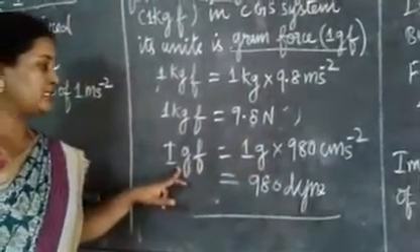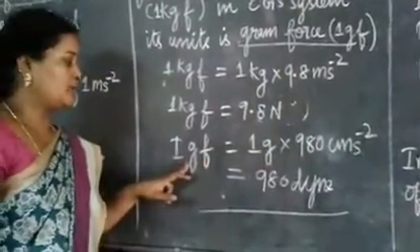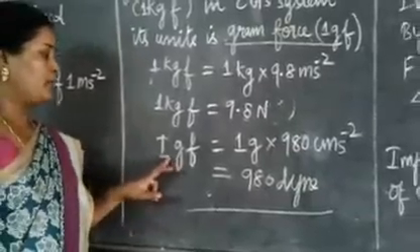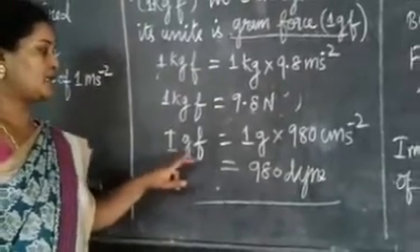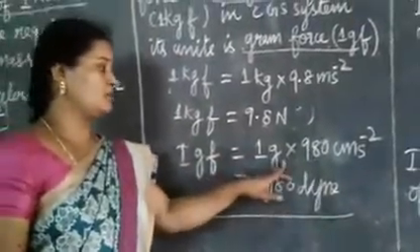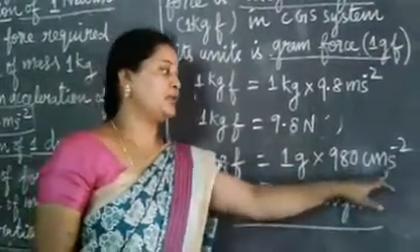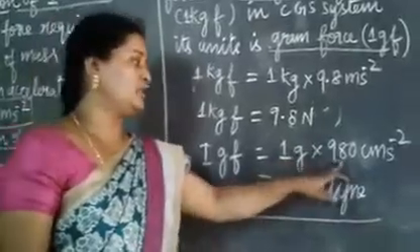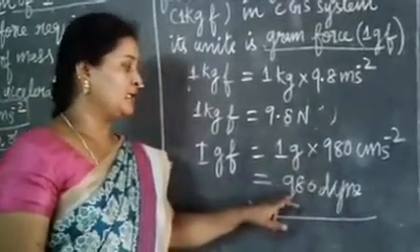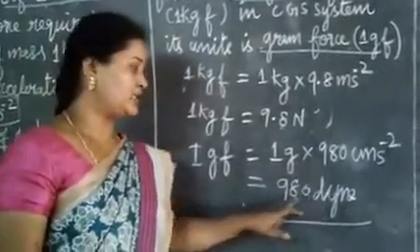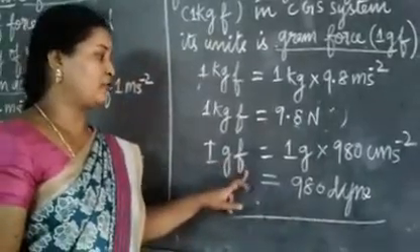Next, in the CGS system, the unit of gravitational force is 1 gram force. 1 gram into the value 980 centimeter per second square. Multiplying this, finally we get 980 dyne. This is called 1 gram force.